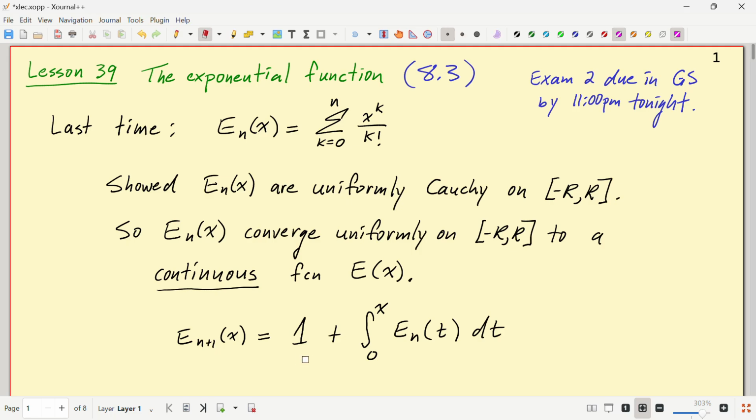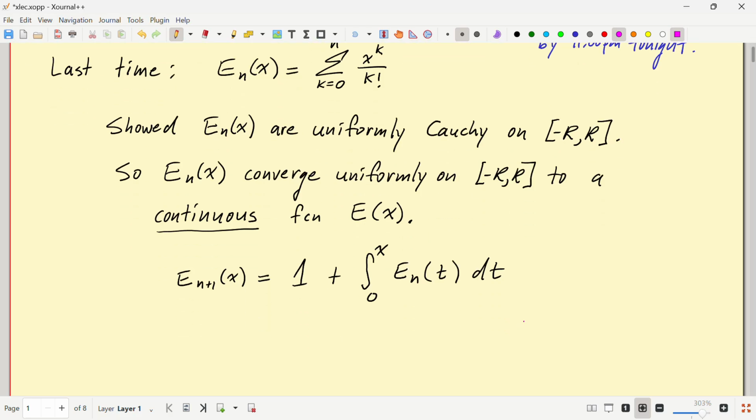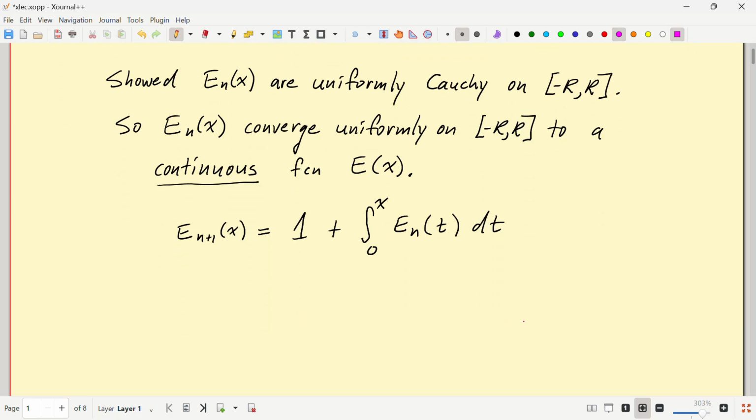And when you combine it with things we've learned recently, so for example, this side is differentiable. Let's see. Because of uniform convergence, when I take the limit on both sides here, the left side would tend to E of x.